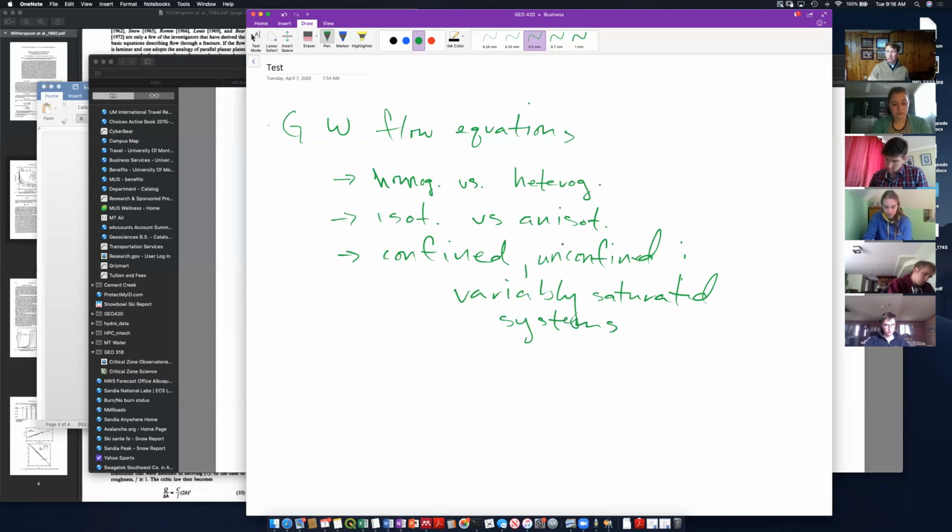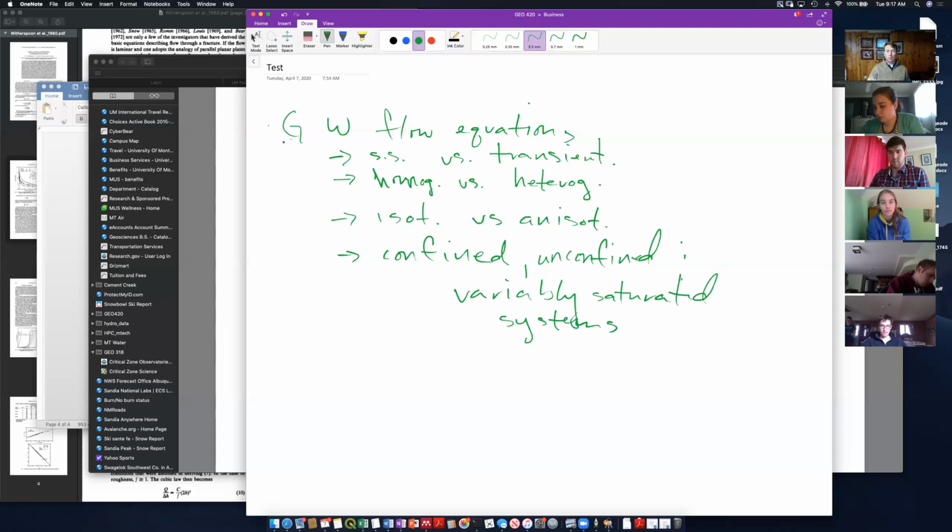All right, so you should know the difference between the confined aquifer equation, the unconfined aquifer equation, or the Boussinesq equation, and the variably saturated equation, or Richards equation. What else? Oh yeah, steady state versus transient. All right, so again, you need to be able to identify the correct equation for the correct type of flow system that we're attempting to simulate.